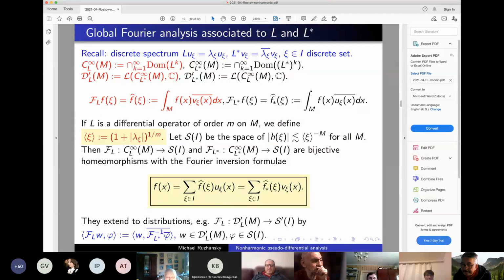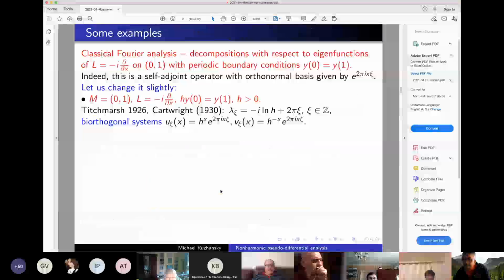But if the operator L is not self-adjoint, which we insist on, we don't want a self-adjoint operator, because remember, when I modified Fourier analysis a little bit and put H in the boundary condition, the operator L is no longer self-adjoint. I want to treat this kind of problem. So I don't want L to be self-adjoint, and U_ψ is different from V_ψ in this case.